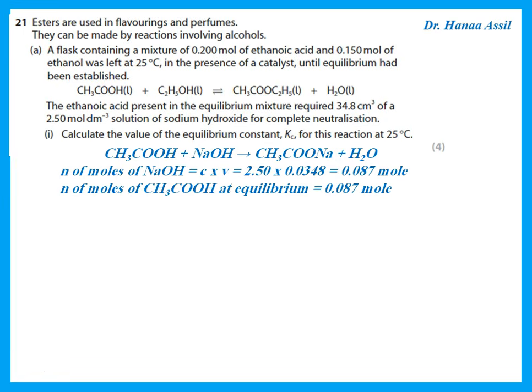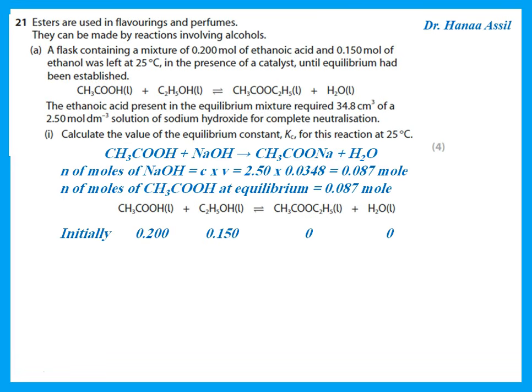So I can go back to my original reaction and start writing an ICE chart. Initially, he said he put 0.200 mole of acid and 0.150 mole of ethanol to give 0 and 0. We did not have any of that.